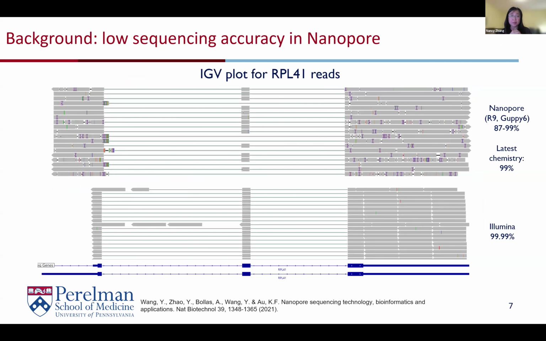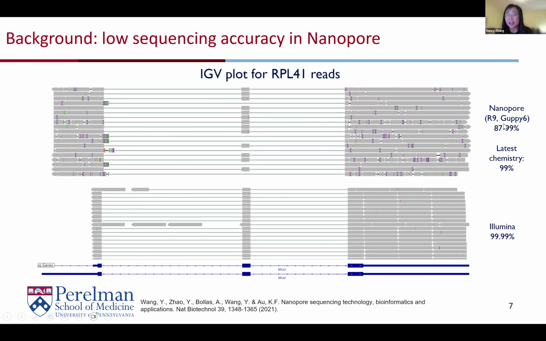However, we started this project back in 2020, 2021-ish, and at that time nanopore sequencing was very error prone, right? That was R9 chemistry.